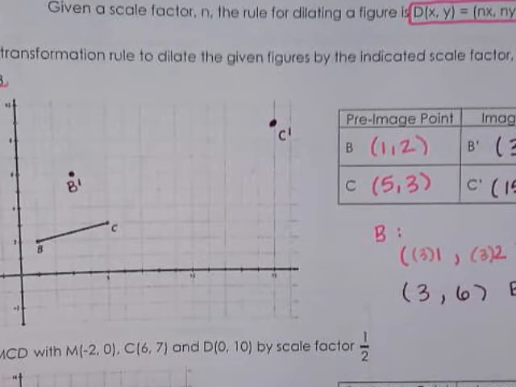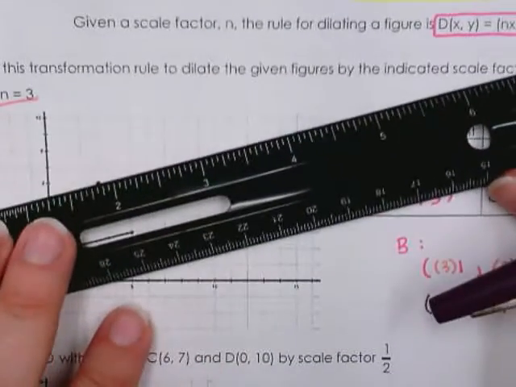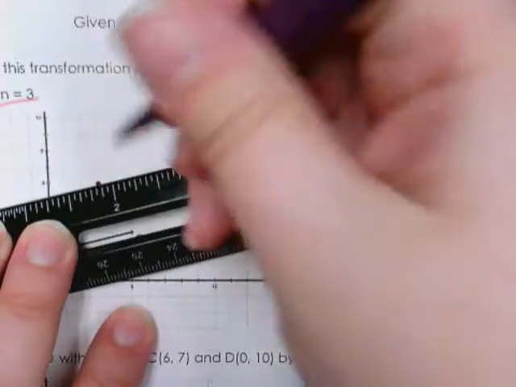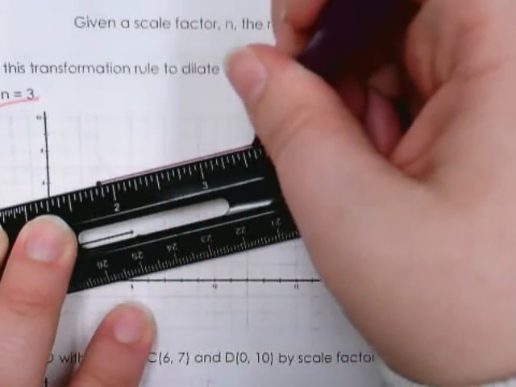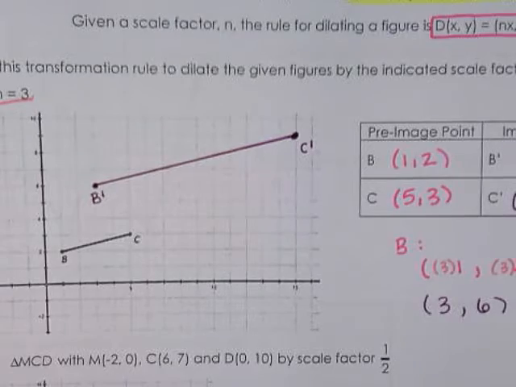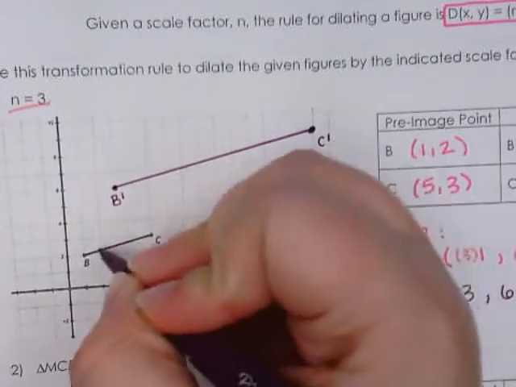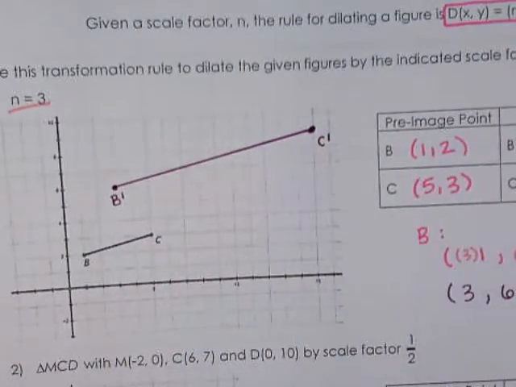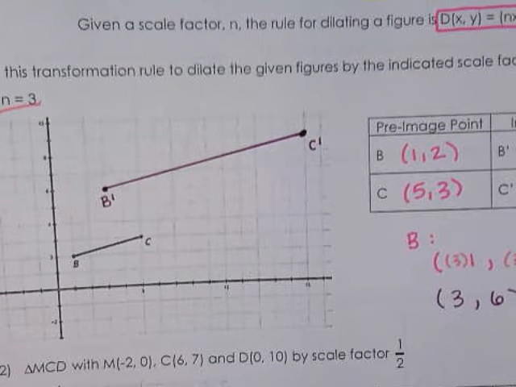So now that I've found those dilated ordered pairs, I can connect them, B prime and C prime, and we will get the dilated image. Here's our pre-image. B prime, C prime is our image. Now let's just confirm that our center of dilation is at (0, 0).